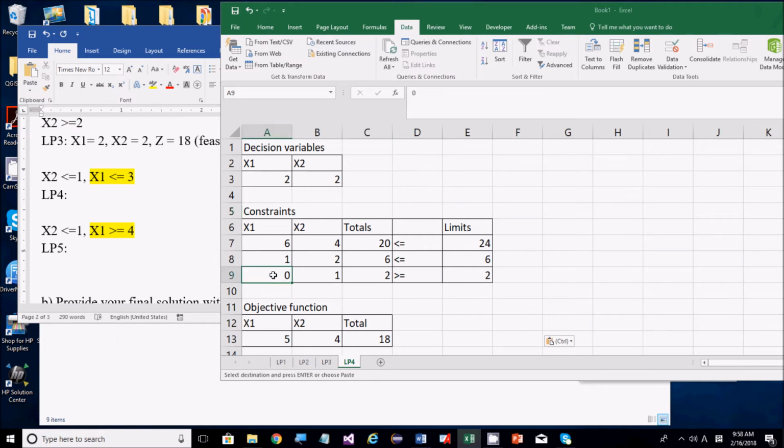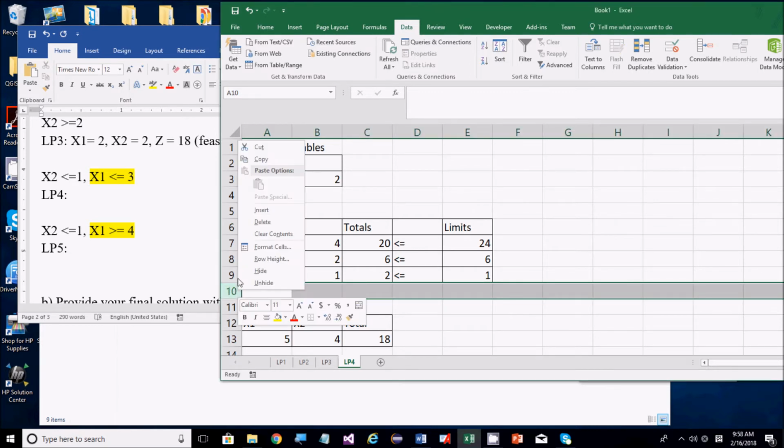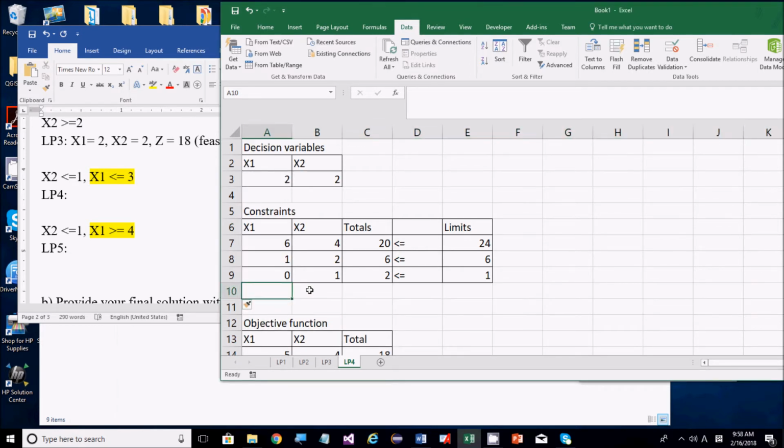Here x2 should be less than or equal to 1 in LP4. Also, we need one more constraint associated with x1, and basically x1 should be less than or equal to 3. You can use the autofill function from the previous cell.